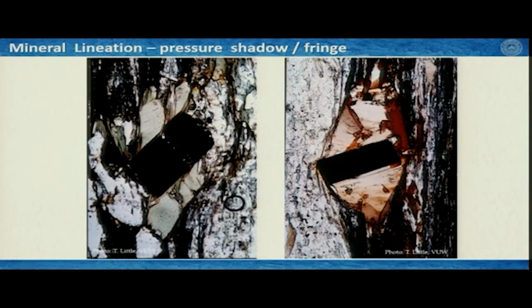You can also have a different type of thing, not necessarily that you develop some fibers. So, here this is a core and you see some large crystals are deposited here. In this case as well, you have a large crystal which is your clast, and you see in the pressure shadow you have some phyllosilicates deposited.